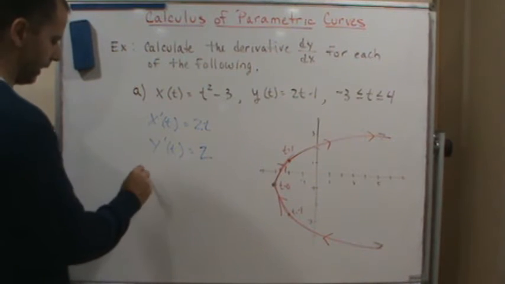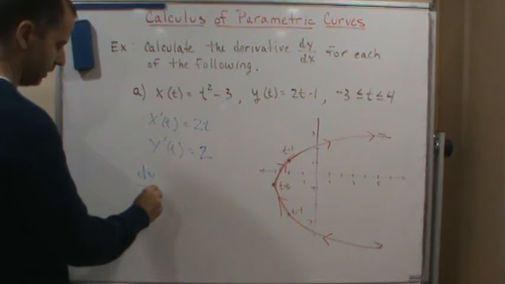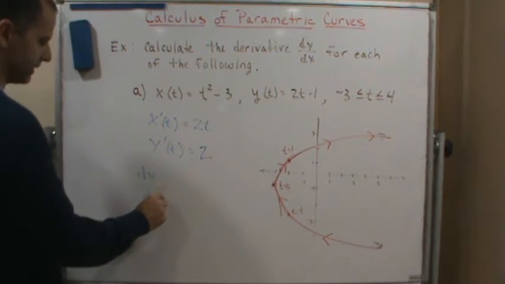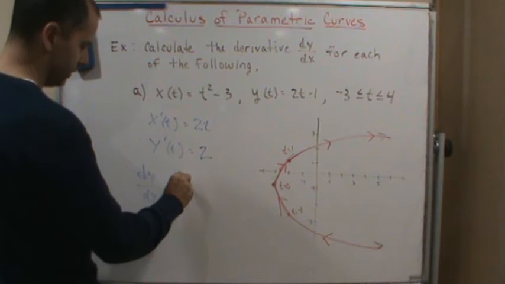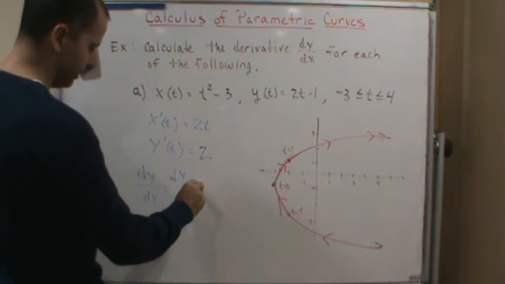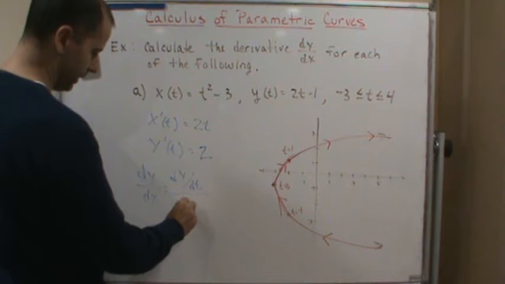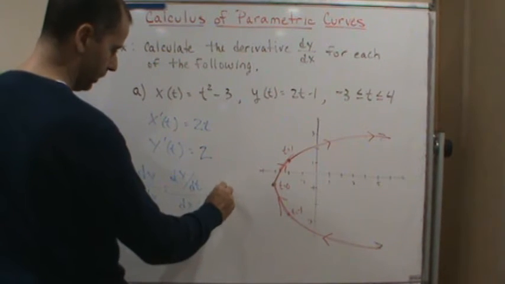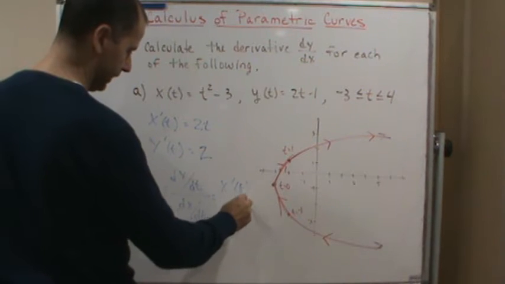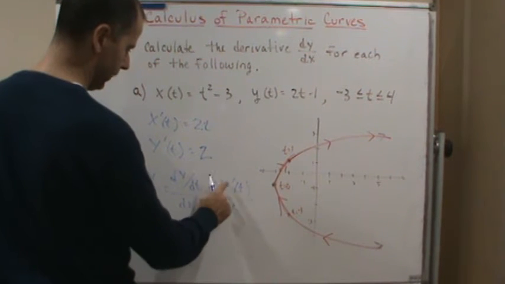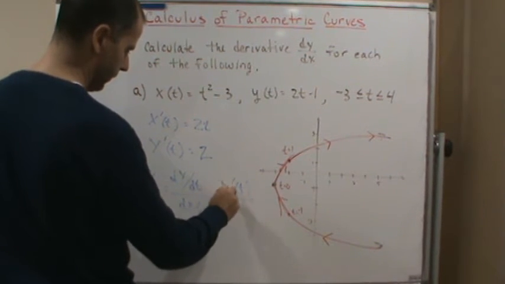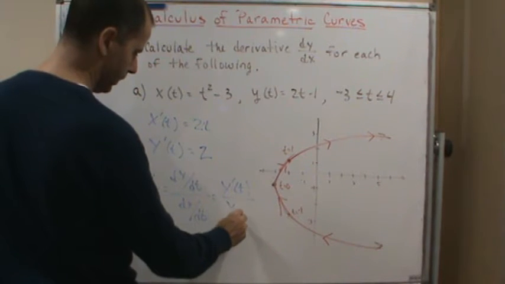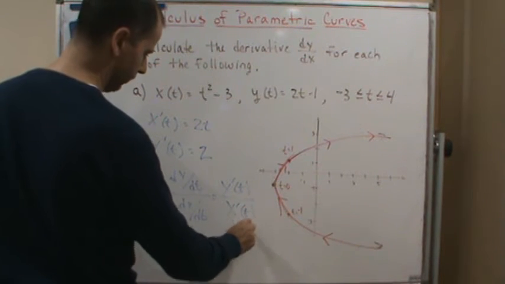And so if I find dy/dx, that's the same as dy/dt divided by dx/dt, which is equal to y prime of t over x prime of t, right?